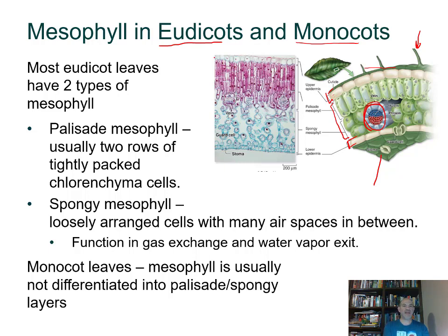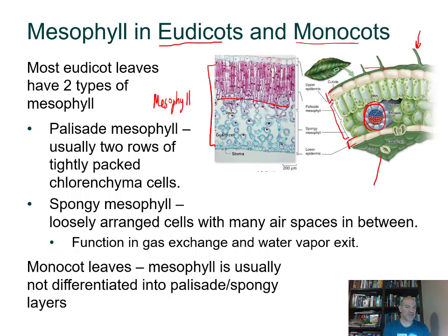And then this is an actual micrograph from a light microscope of a thin section through a leaf. You can see they did use some stain, so these cells are not typically pink. This structure inside is called the mesophyll. Meso means middle, and phyll means leaf, so the mesophyll is broken up into two parts.